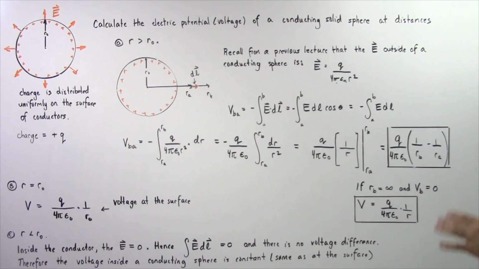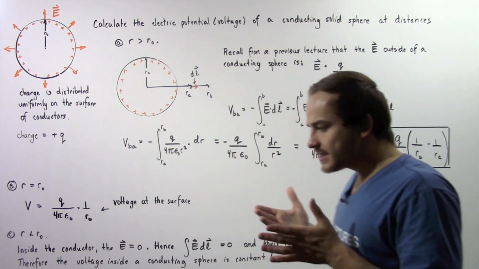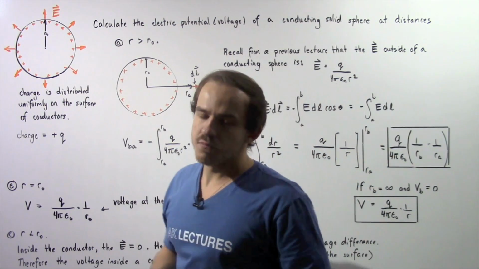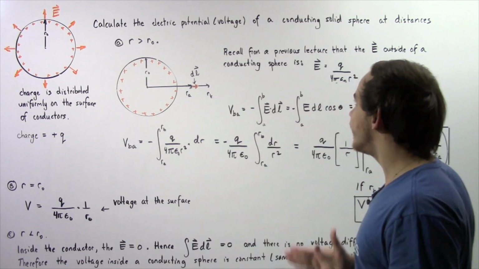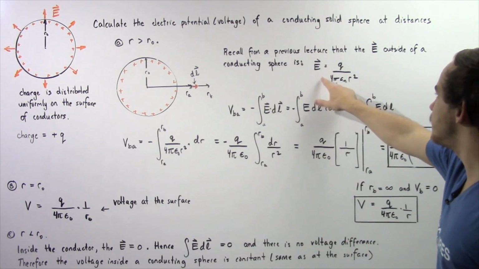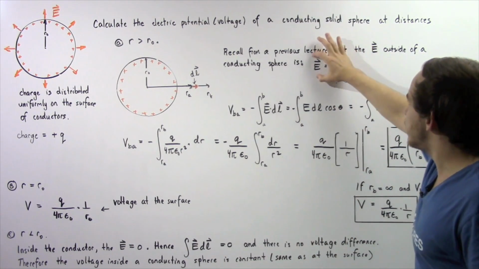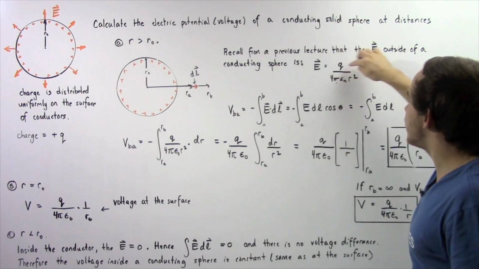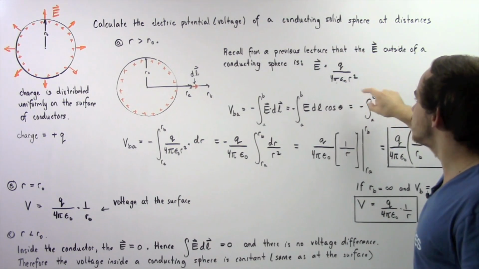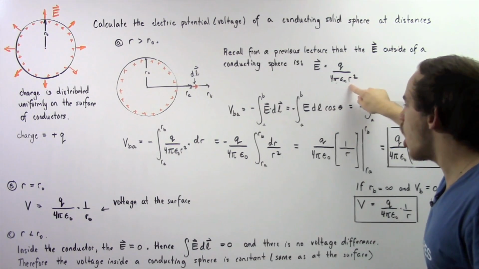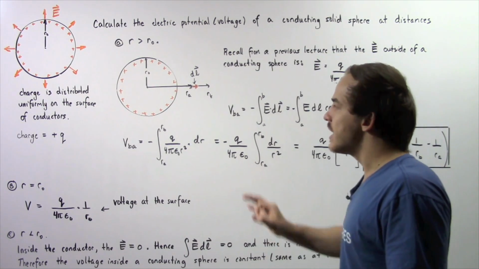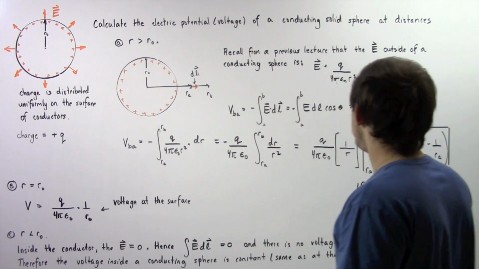Now, in a previous lecture, we were able to show that the electric field at points outside of a conducting solid sphere is given by this equation. So the electric field is equal to Q divided by 4 pi multiplied by epsilon naught multiplied by R squared, where R is the distance from the center of our solid sphere.